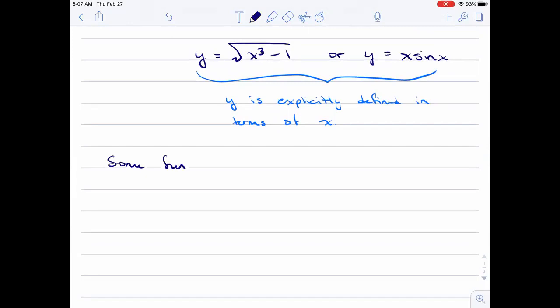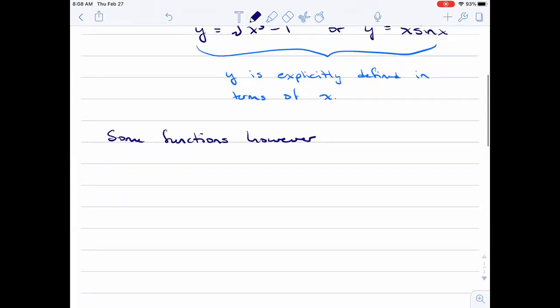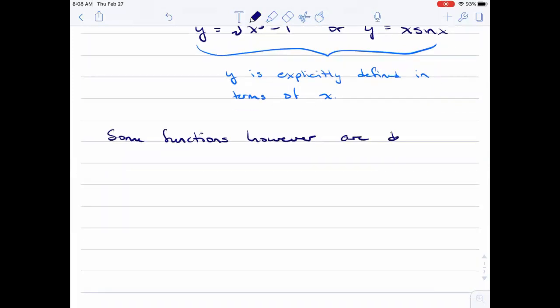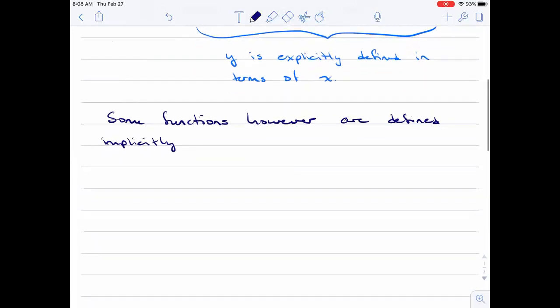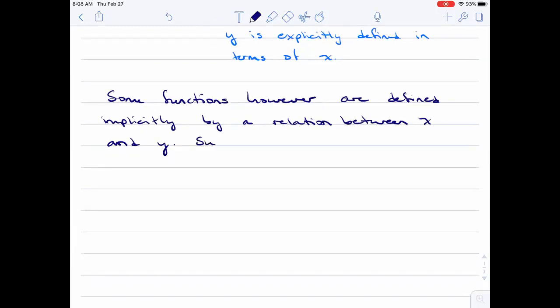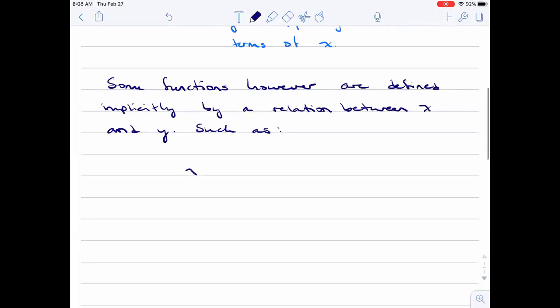Some functions, however, are defined implicitly by a relation between x and y, such as something like x squared plus y squared equals 25.